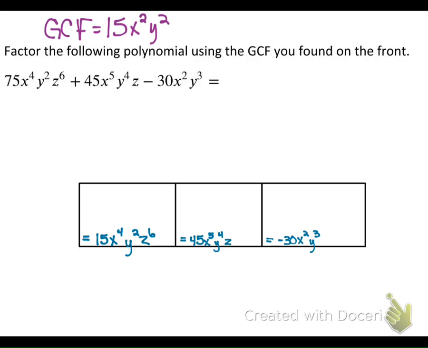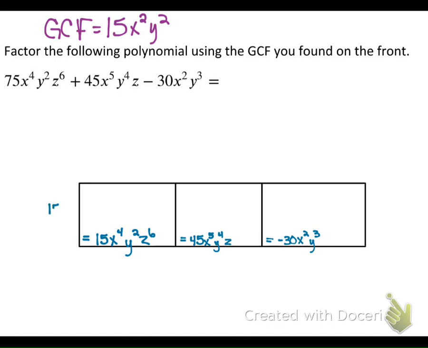The greatest common factor of these three terms is 15x squared y squared. The greatest common factor of your terms becomes your, what do you think? Is it going to become your height or your width on your area model? It's going to become your height. So your greatest common factor becomes the height of your area model.